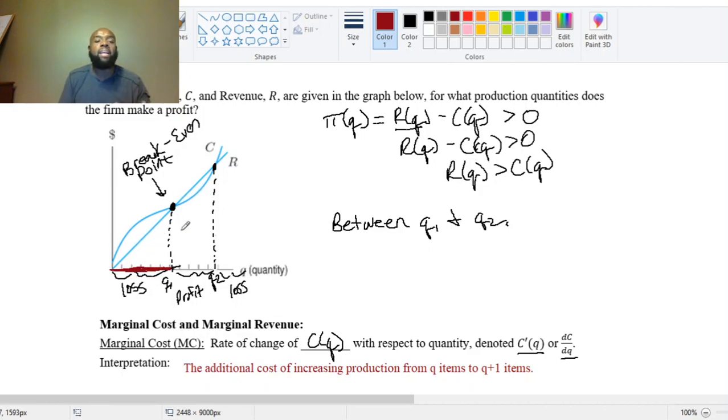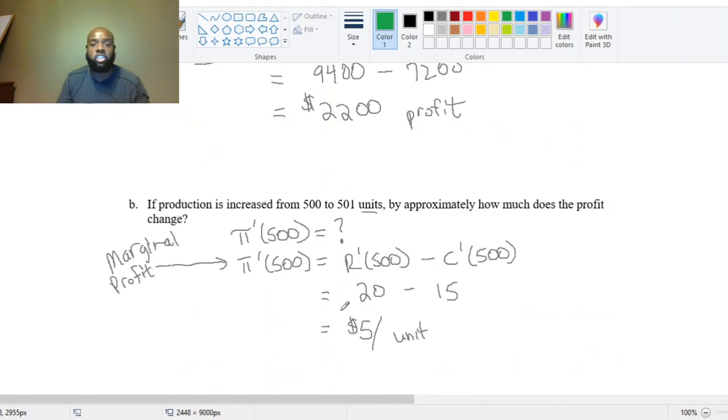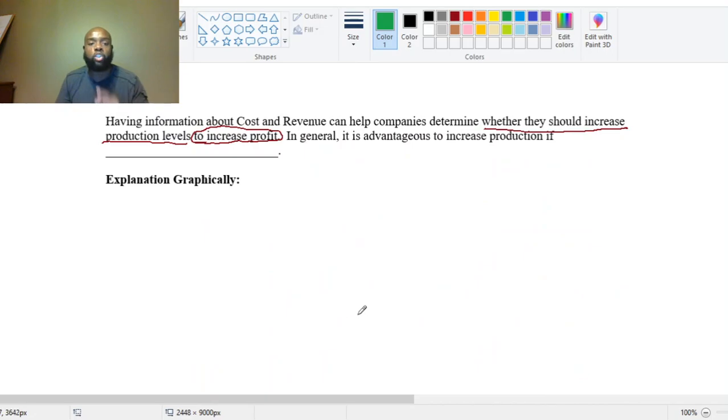But when our company is having a profit, when we're in this area here, which I'm going to use the green for, there are certain quantities of items where I want to increase production. There are certain quantities of items where I want to decrease production, even though my company is in a profit state. And this is how we're going to make that decision. We're going to use marginal cost and marginal revenue. I'm going to draw some graphs here, all right?